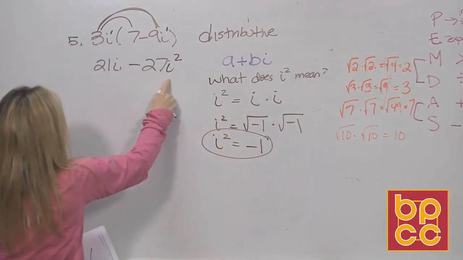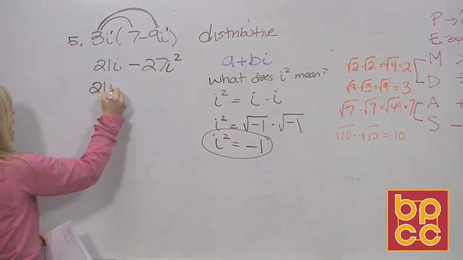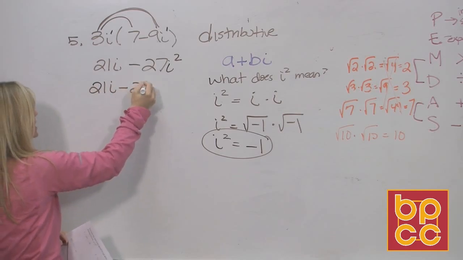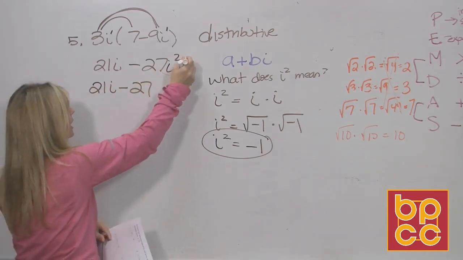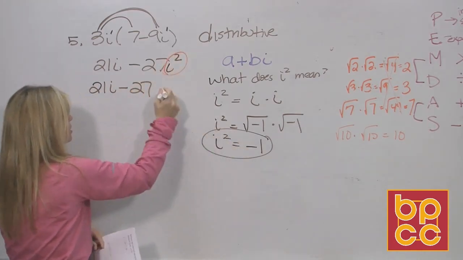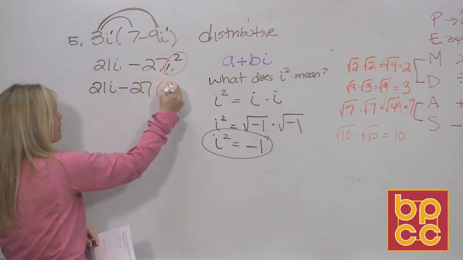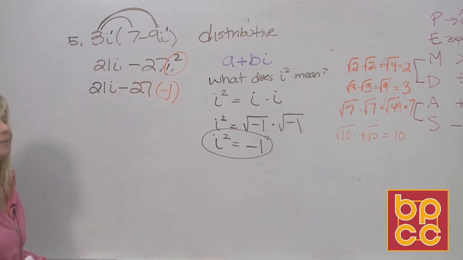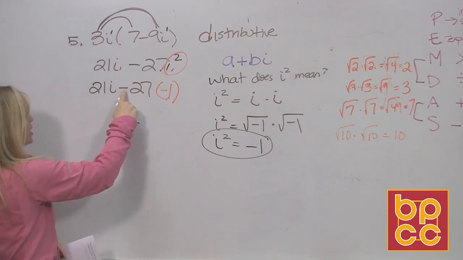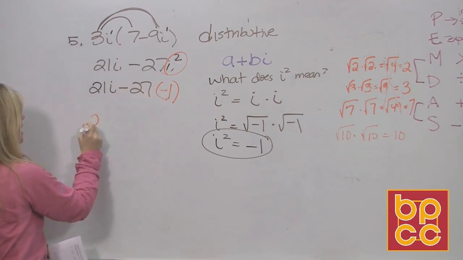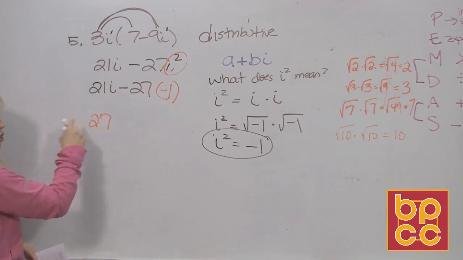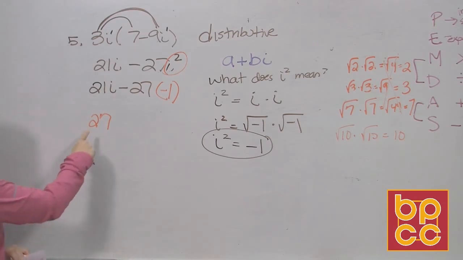So we're not done here. We're going to leave the 21i minus 27, but we're going to replace this i squared with the number -1. And because it's side by side, it's connected by multiplication. Now everybody look. We're going to do multiplication. What's a negative times a negative? Yeah, that's positive 27. That's your real number. That goes in front.